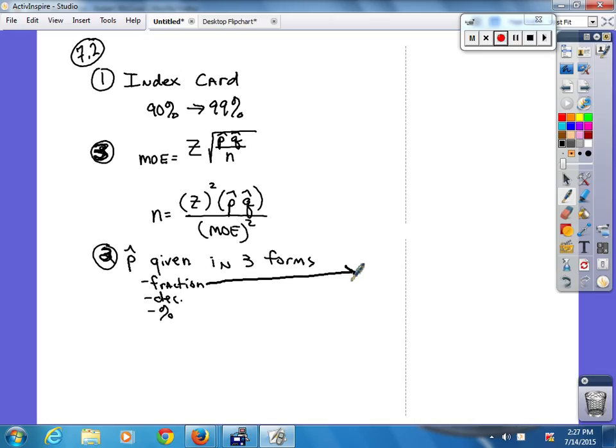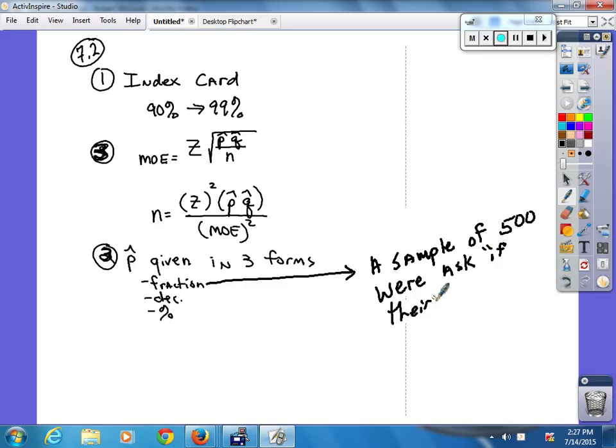When I say a fraction, I mean a sample of 500 people were asked if their life sucked. 200 said yes.